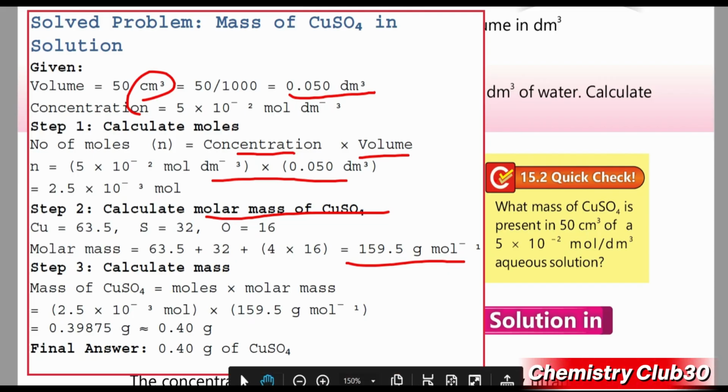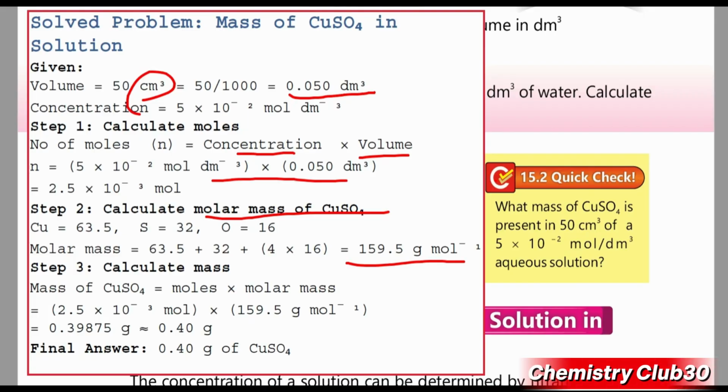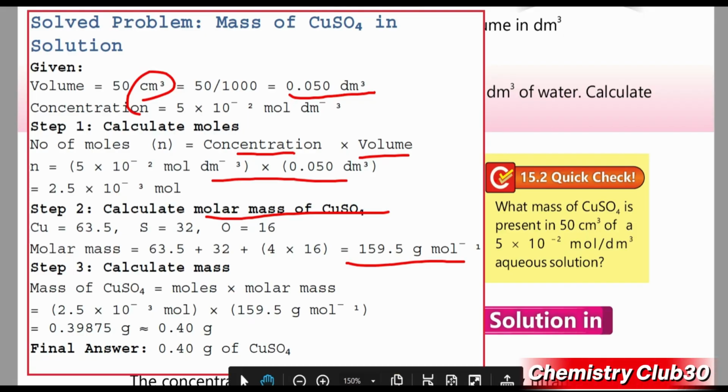And in the last step we will calculate the mass by multiplying the number of moles with the molar mass of the copper sulfate. So the number of moles is 2.5 into 10 raised to power minus 3 mole, and the molar mass of copper sulfate is 159.5 gram per mole. After multiplication, the answer is 0.40 gram, which is the answer of this problem.